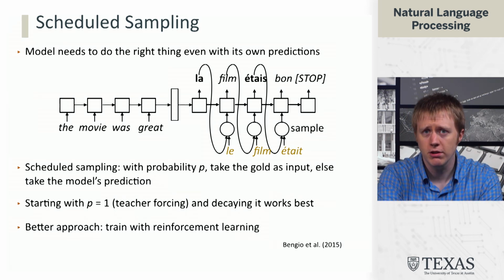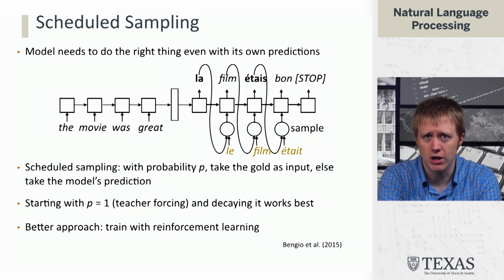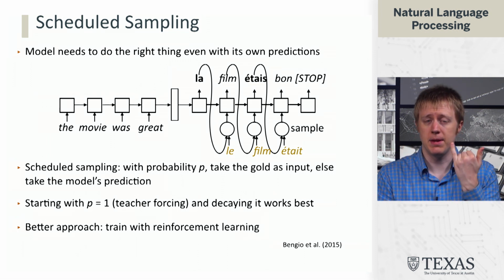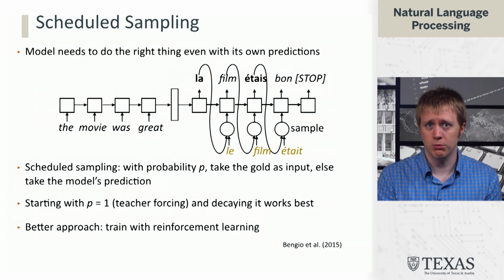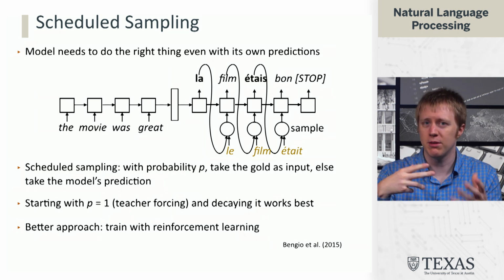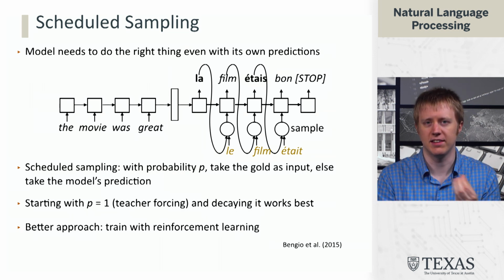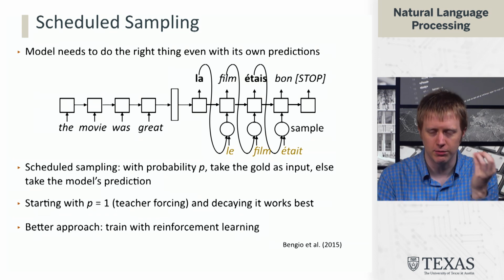So in order to really solve this training problem correctly, we need something like reinforcement learning, where we say, all right, I've got the ground truth sequence, le film était bon, and then maybe I have some other kind of prediction which expresses the same thing, and we have some function which evaluates those and gives you some reward. And now we're going to train this thing as an agent that's going to maximize the reward it gets through its generation.